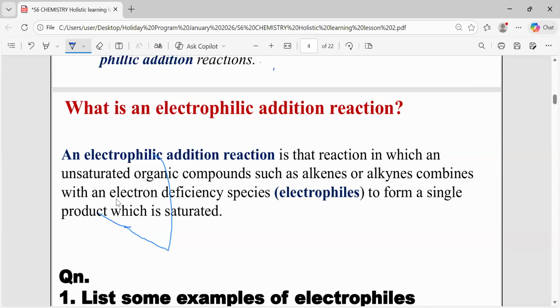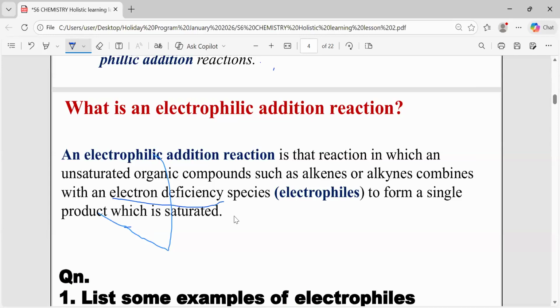Which is almost the same as the one you have given us, only that you have added another key point, that during electrophilic addition reaction, there is no loss of any atom or molecule.